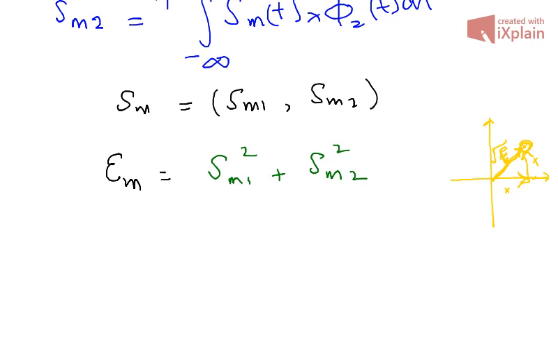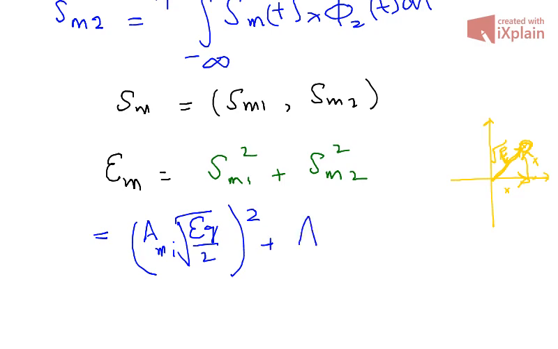So if you solve it, Sm1 square, Sm1 is AmI under the root Eg over 2, right? Under the root Eg over 2, and that square, plus AmQ under the root Eg over 2 square.